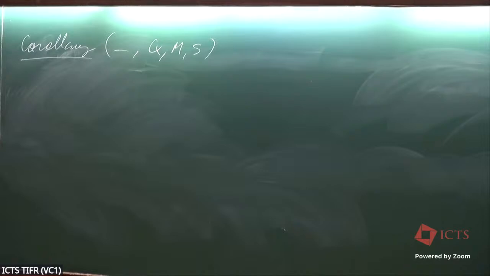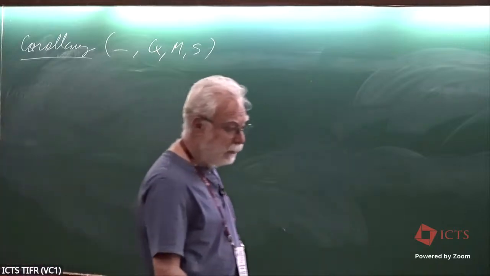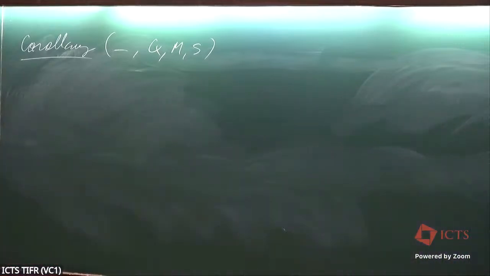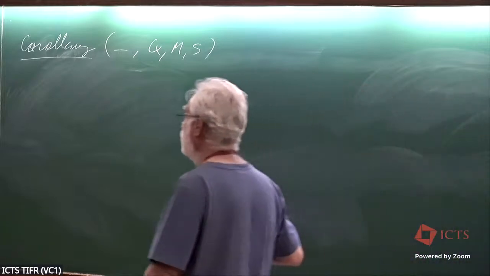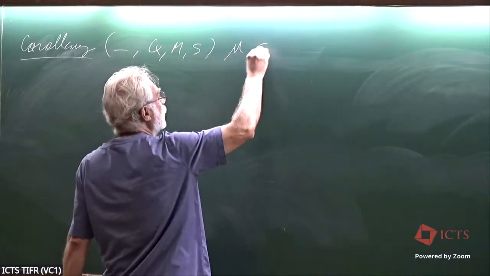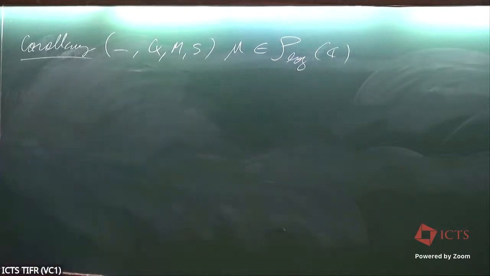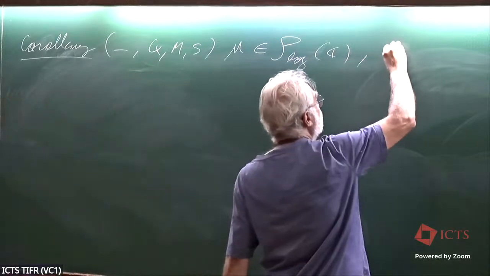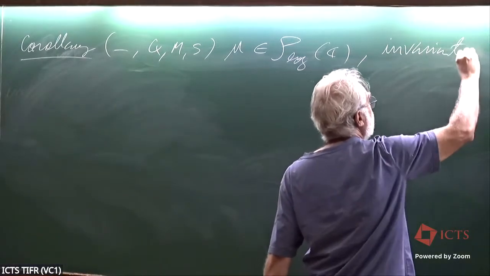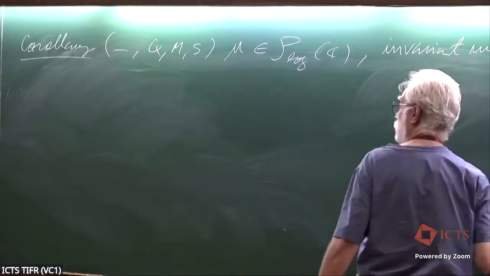So we need to extend this result to measures that are not with compact support, but we need to be able to control the height. So we cannot go to weak convergence, we need at least logarithmic convergence. And then the corollary is that now if mu is a probability measure that belongs to P log of C, remember that these were the probability measures such that the integral of log plus is finite, invariant under complex conjugation.